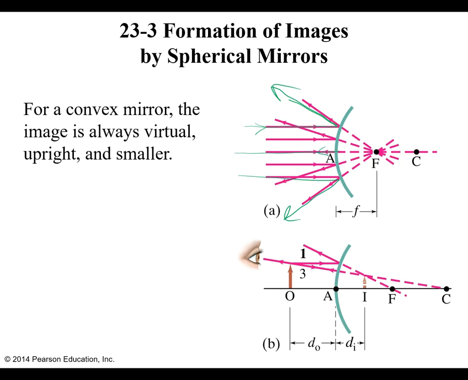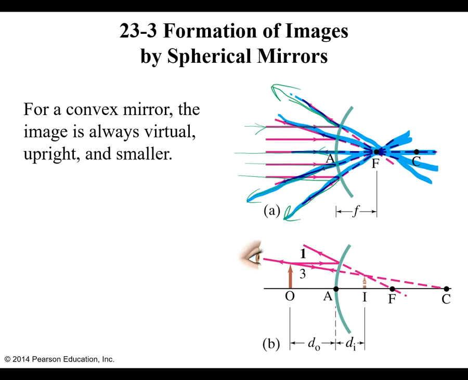There's no way that this light will ever converge. So what do we do? We do exactly what we did earlier. We take our light rays and we trace them backwards. And when you trace the reflected rays backwards, they all cross at one point. You got it, that's the focal point.